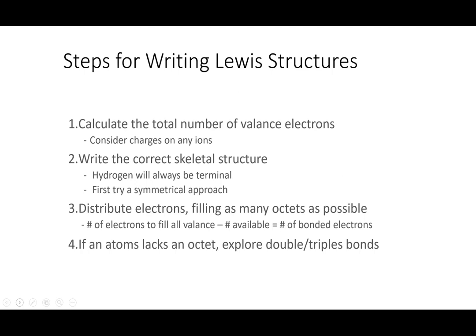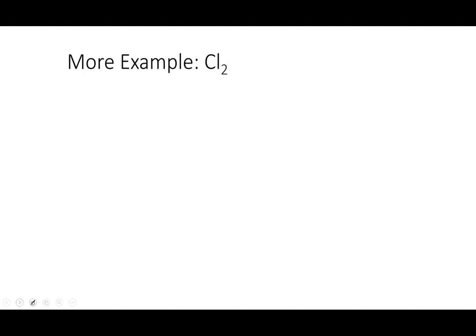If we distribute all of the electrons and somebody is still not happy, somebody lacks an octet, if and only if that happens, then you can explore double and triple bonds. We'll get to examples of that very shortly, but I threw it in there right now.